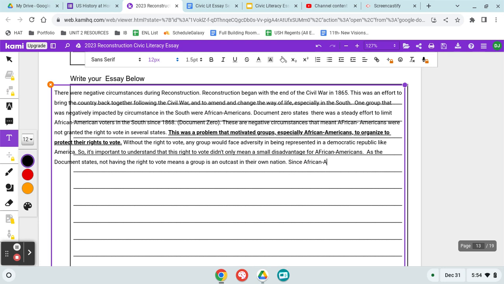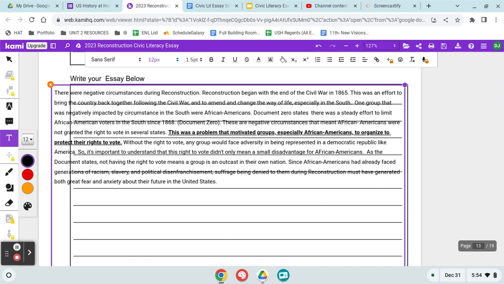And I'm going to use some outside information here. Since African Americans had already faced generations of racism, slavery, and political disenfranchisement, suffrage being denied to them during Reconstruction must have generated both great fear and anxiety about their future in the United States.